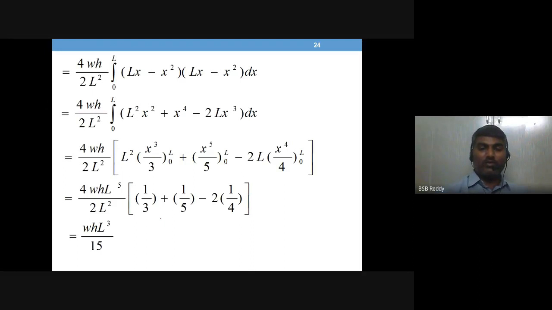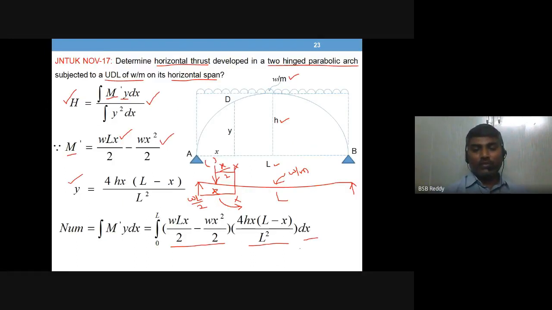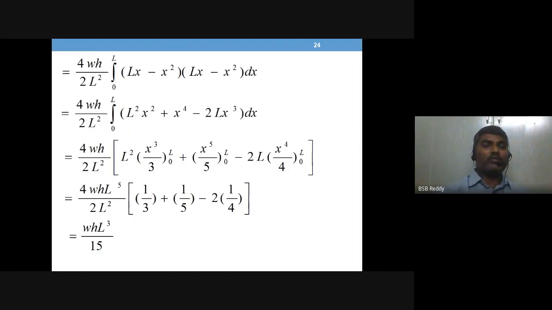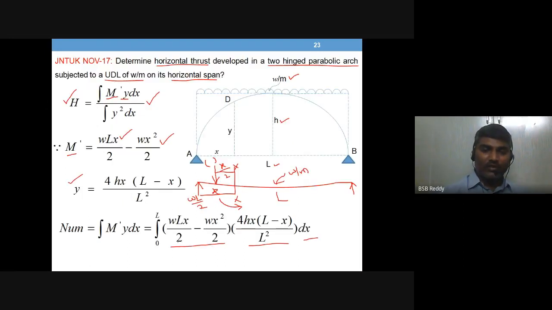So what you have here: in the denominator, 2 is common and L squared is common, and that is taken out. In the numerator, W is common and 4H is also common. Those will come out of the integration. So 4W into H are common terms, you can see them here.